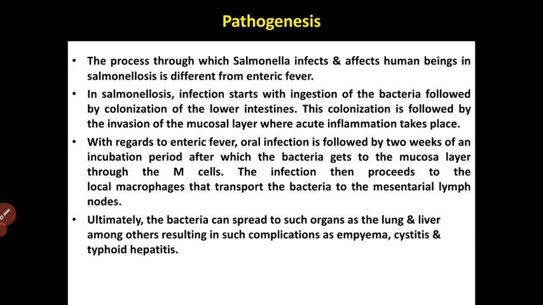Next, salmonellosis. Infection starts with ingestion of the bacteria followed by colonization of the lower intestine. This colonization is followed by the invasion of the mucosal layer where acute inflammation takes place. Okay, you can understand the difference.